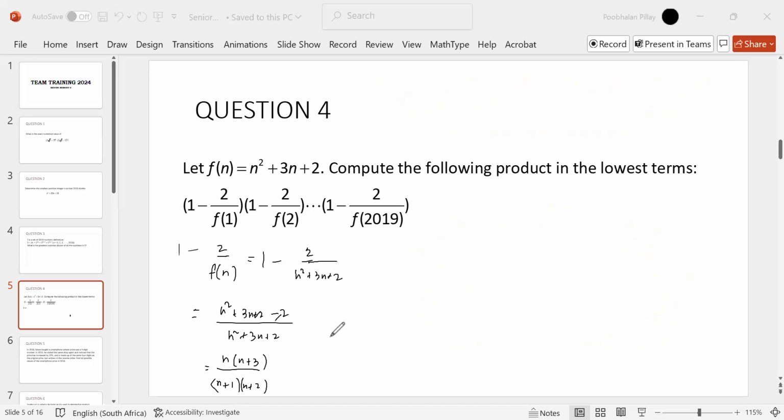For instance, 1 minus 2 over f of 56: the top is 56, the next one below it is 57, the next one next to it is 58, and the next one goes to the top.